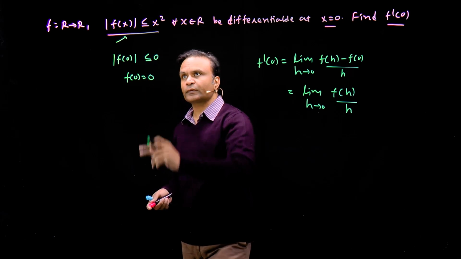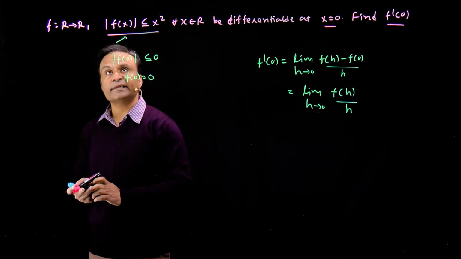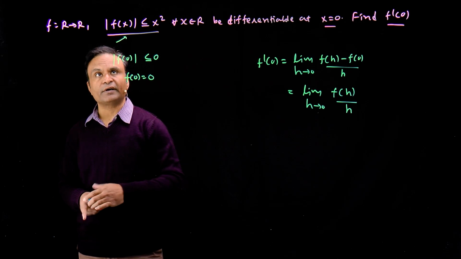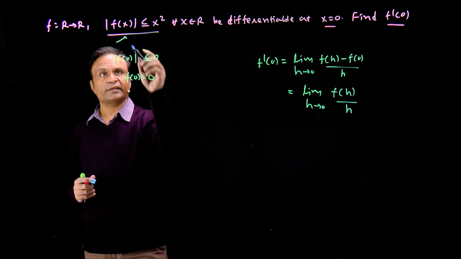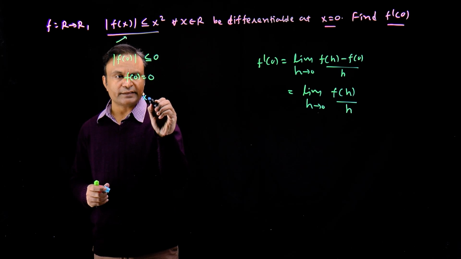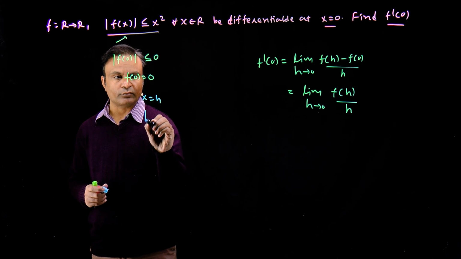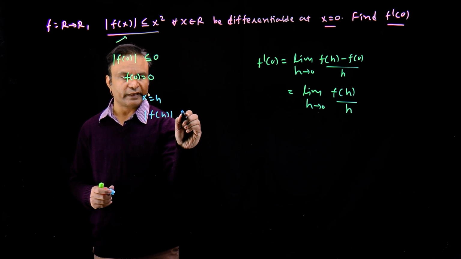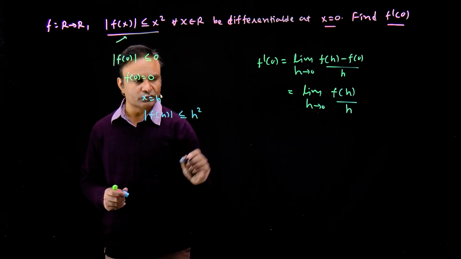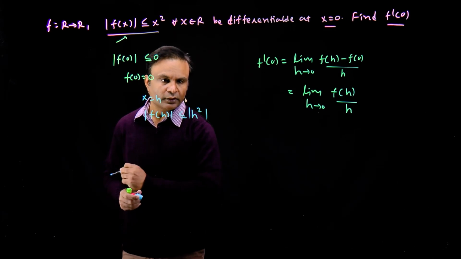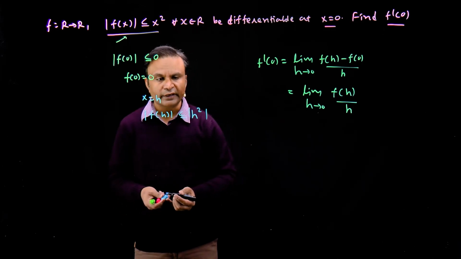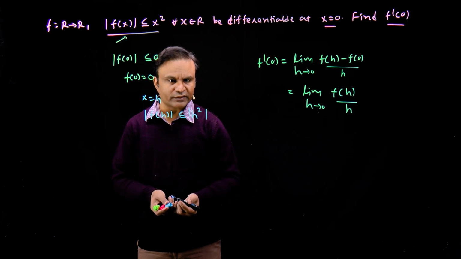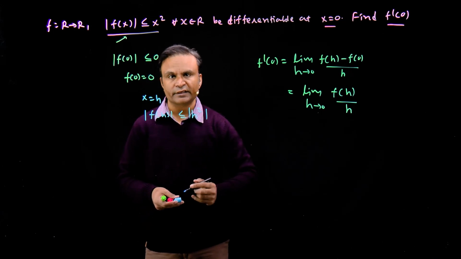Okay, again consider this mother inequality, mod f x less than or equal to x square. In this, if I put x is equal to h, I get modulus of f of h less than or equal to h square. In fact, I put here modulus, no problem, because we have h square which is non-negative, so putting mod h square won't change its nature.